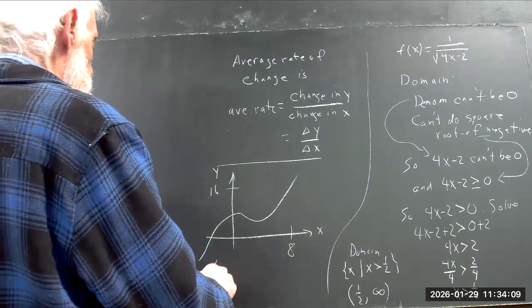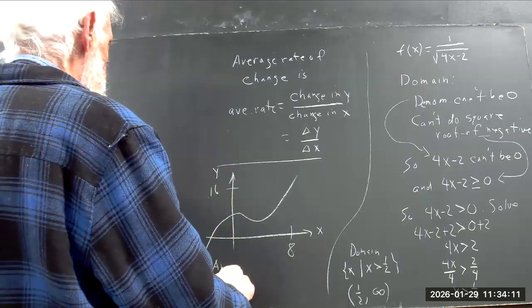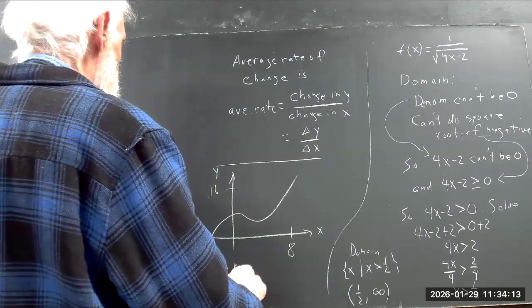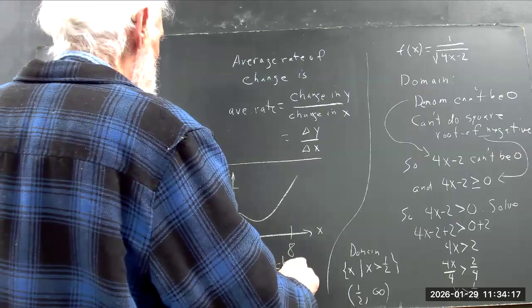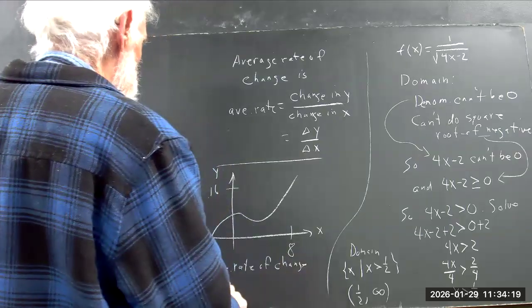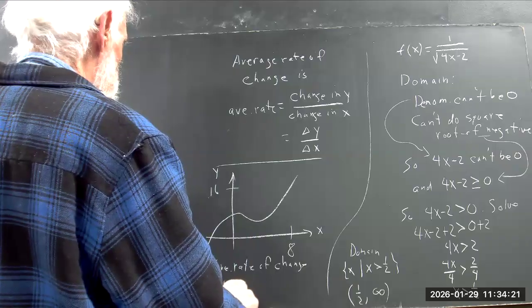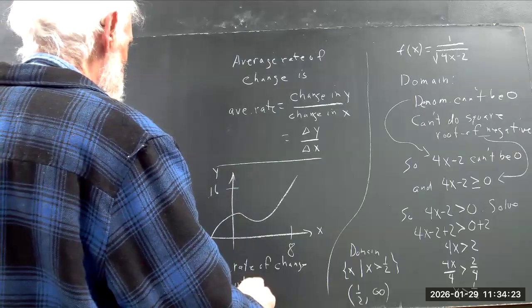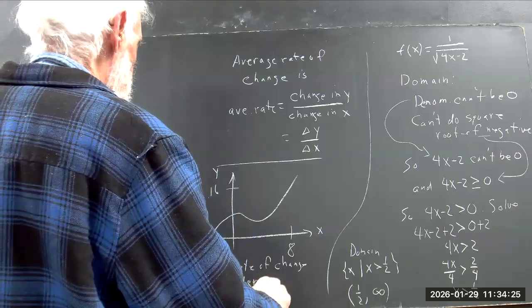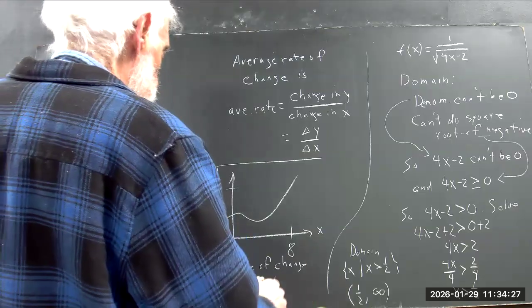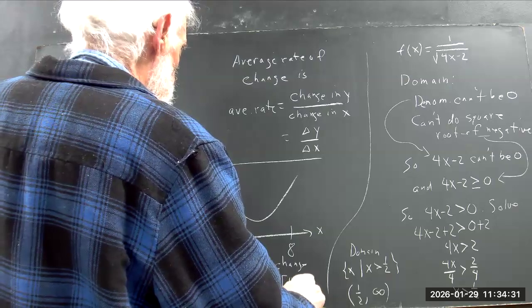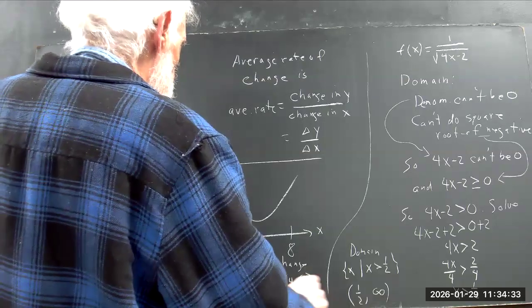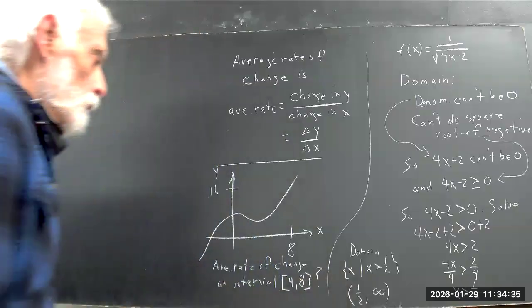What's the average rate of change on the interval 4 to 8?